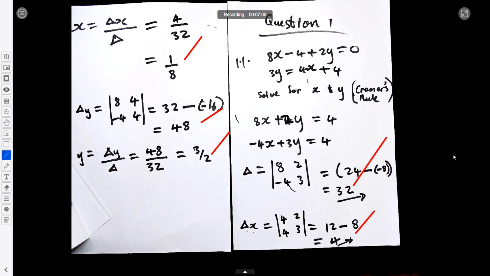Normally it's either how you have deduced, you can get 2 marks there, or from the equation. So finding delta, say 2 marks, finding delta x 1, finding delta y 1. You can get your 6 marks like that. Easy peasy.